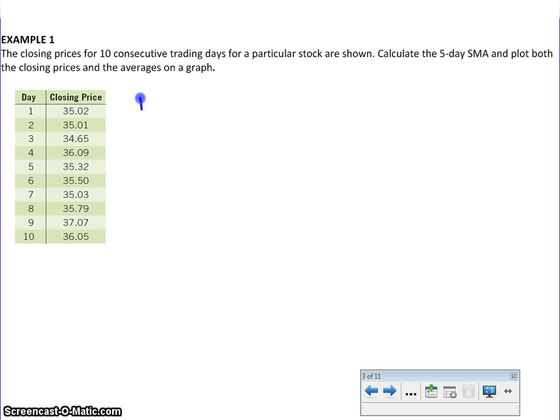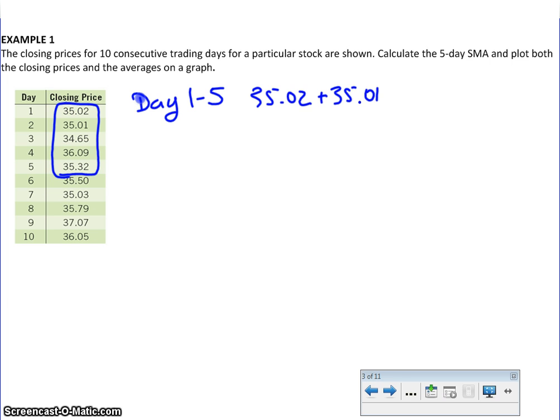So the first thing that we are looking at is day 1 through day 5. So we're looking at these portions here. We're going to take those and add them together, and we're finding the arithmetic average, or the mean.